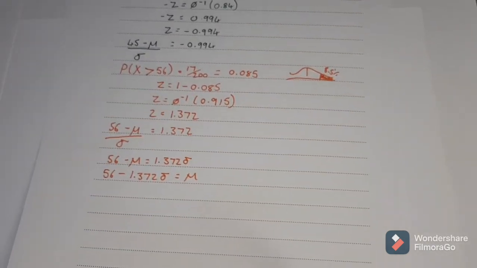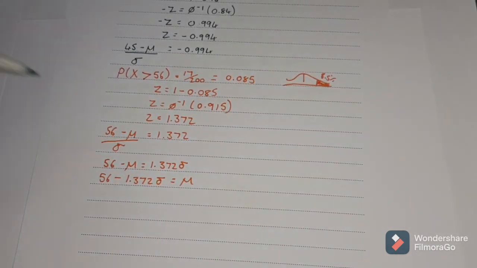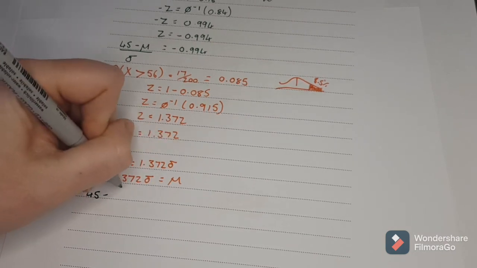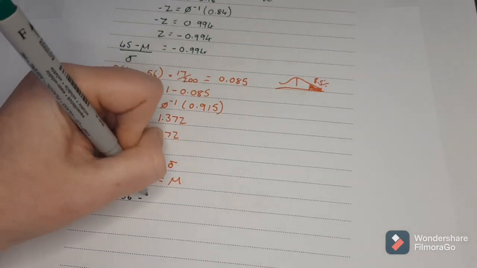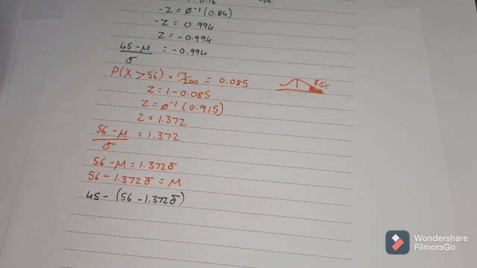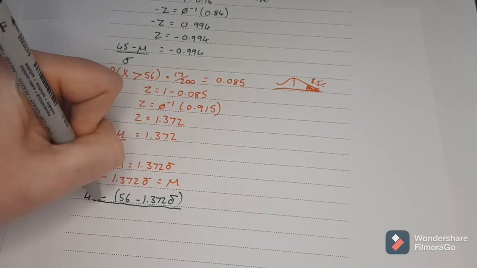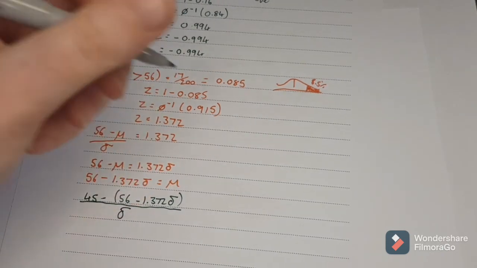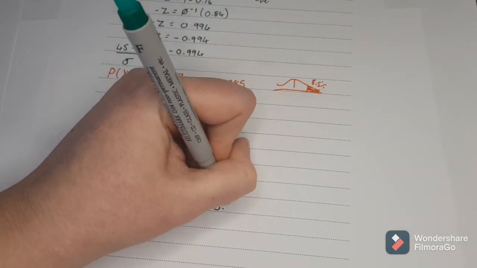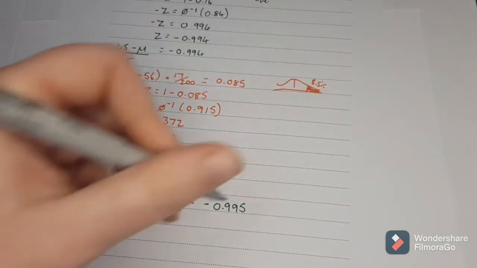So if I do that, I can say 45 minus that 56 minus 1.372 standard deviation, over the standard deviation, equals my negative 0.994.